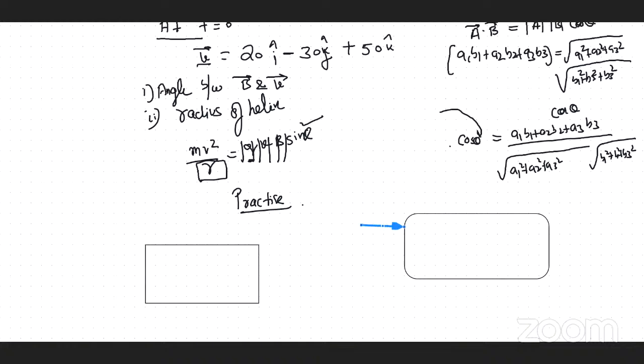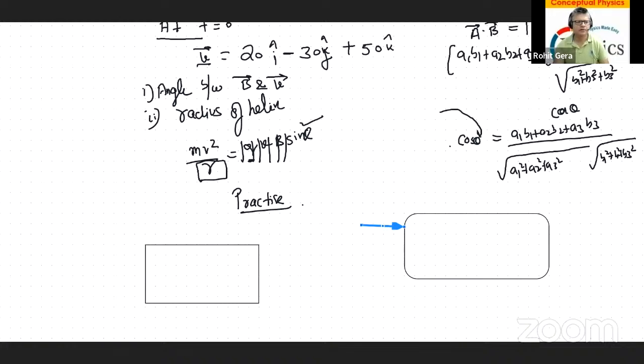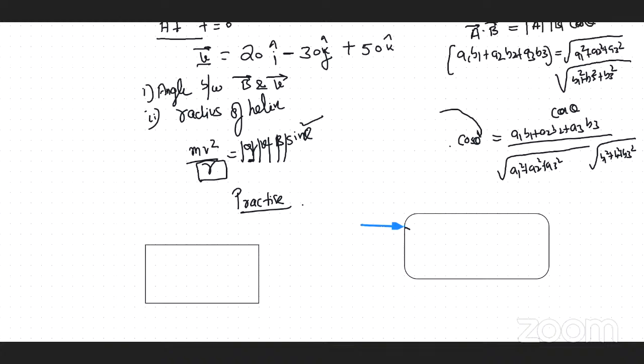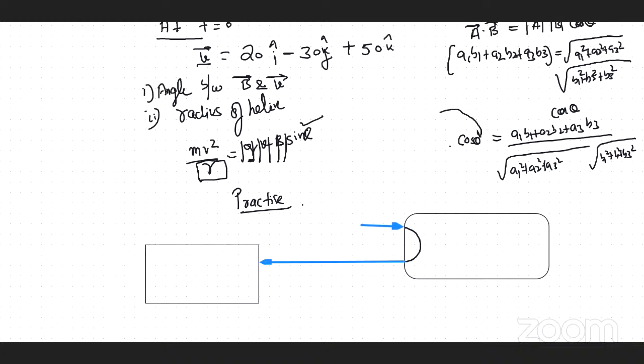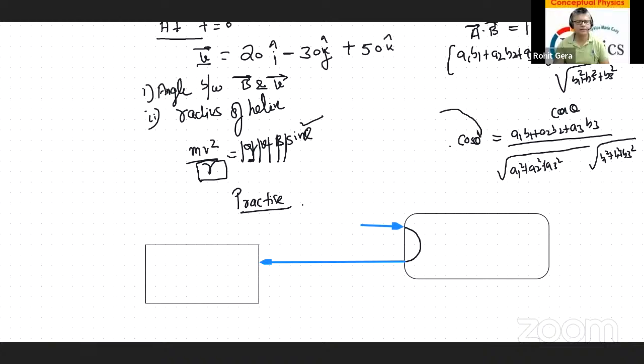What happens is it undergoes a motion, and then it comes out and enters the second. Then it revolves again, and then it comes out again.